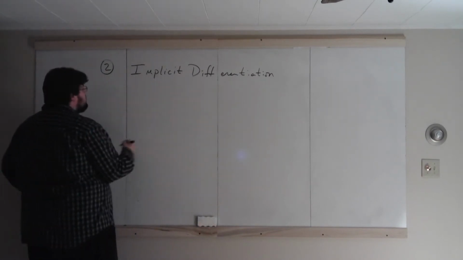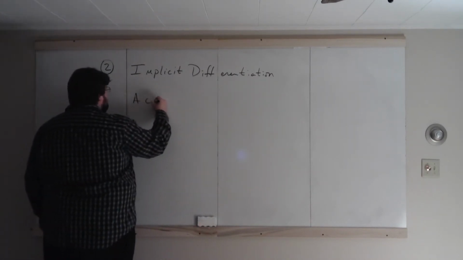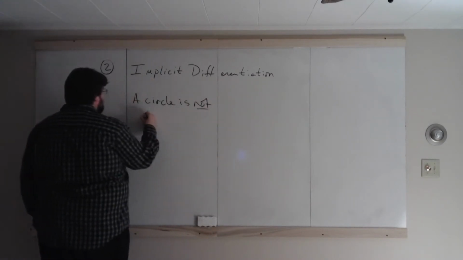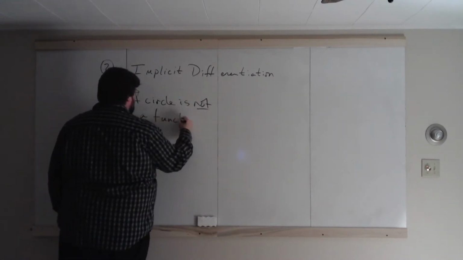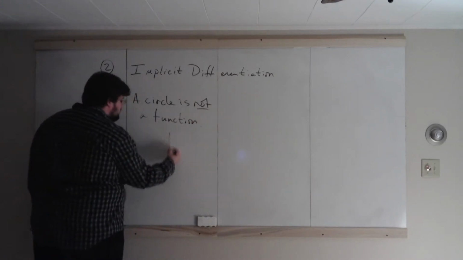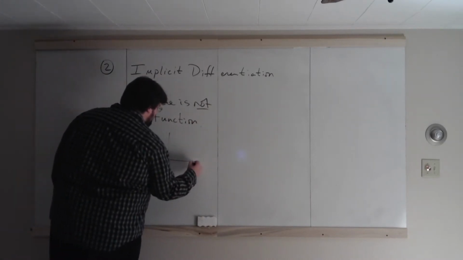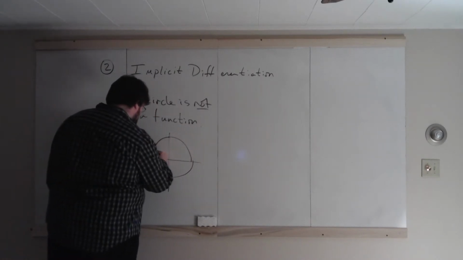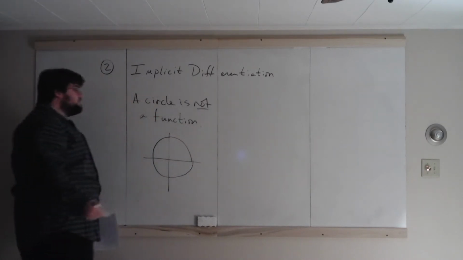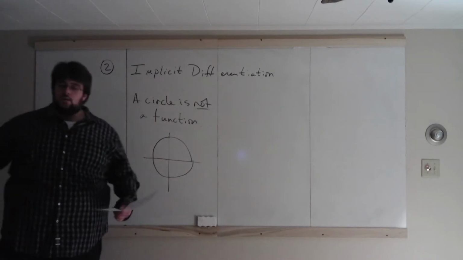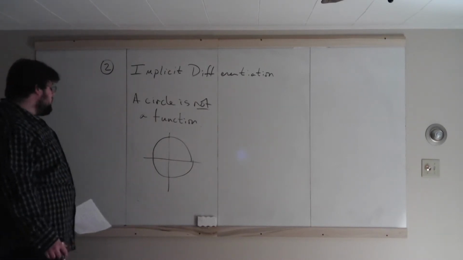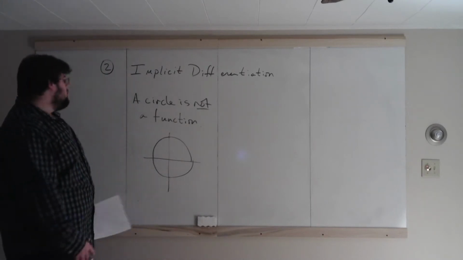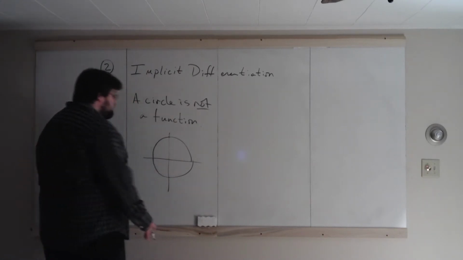Let's observe a circle is not a function, because a circle does not satisfy the vertical line test. But what if we want to find tangent lines on this circle? What if we wanted to do our applications in Chapter 4 using this circle? Well, we don't know how to do that.